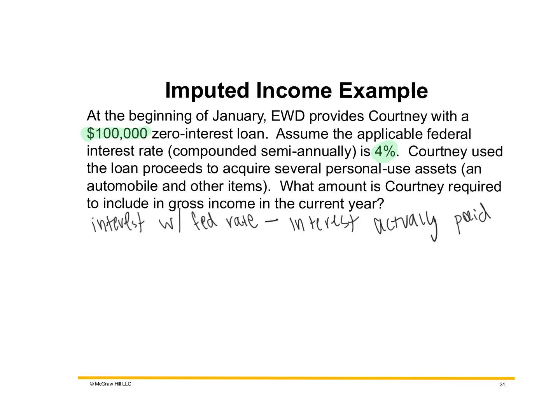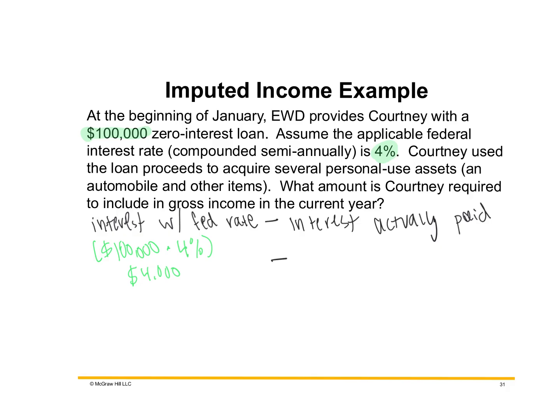So if we plug those pieces in, our interest amount using the federal rate would be $100,000 times 4%, which would be $4,000, minus the amount we actually paid in interest.